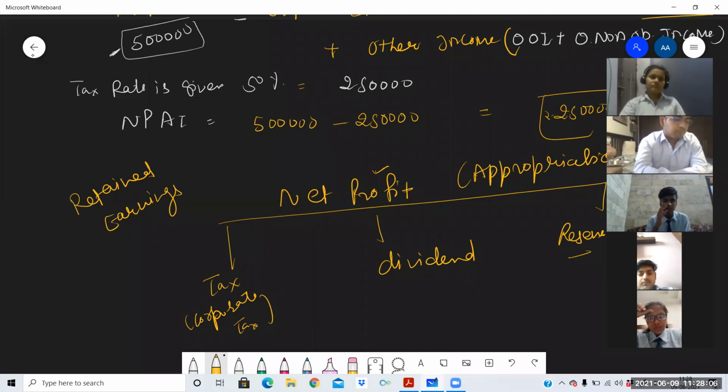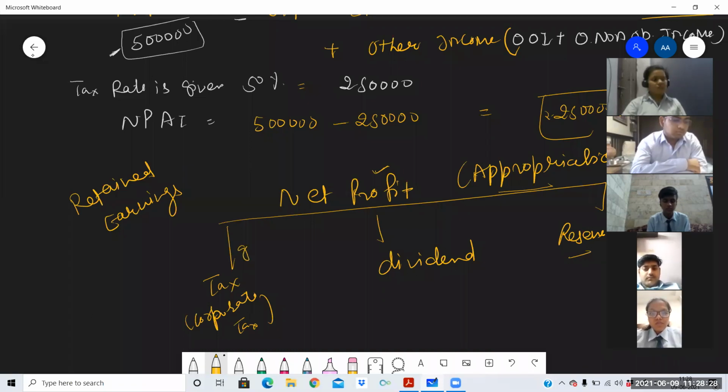Dividend cannot be paid out of losses. Similarly, reserves will be maintained out of the retained earnings to meet out the future contingencies from the profits only. So whenever we are talking about the charges, it means we need to pay whether there is profit or loss, but appropriations means they will be made only when there are profits.